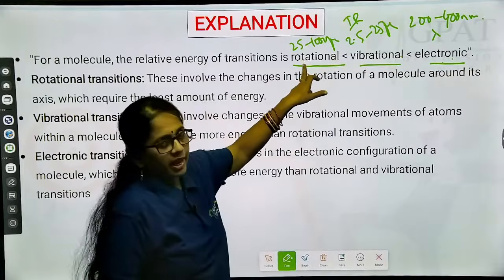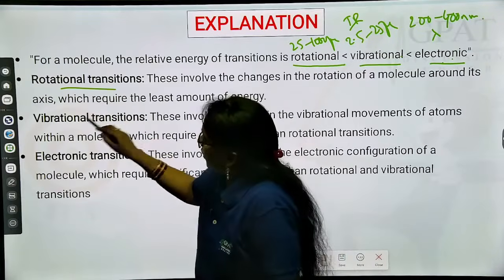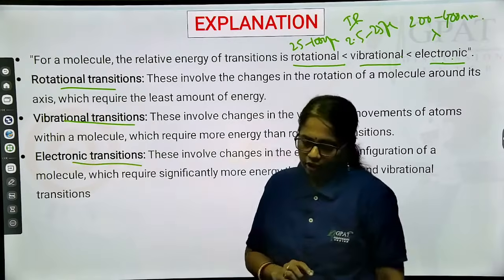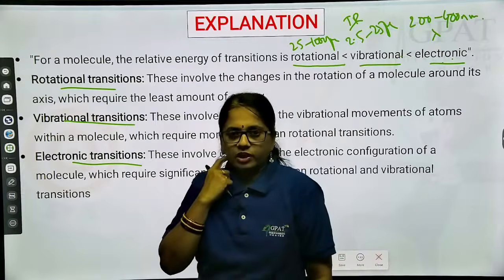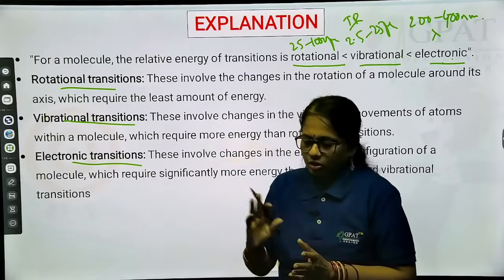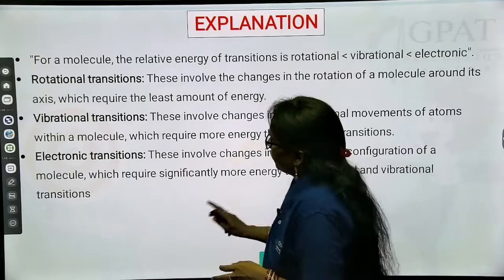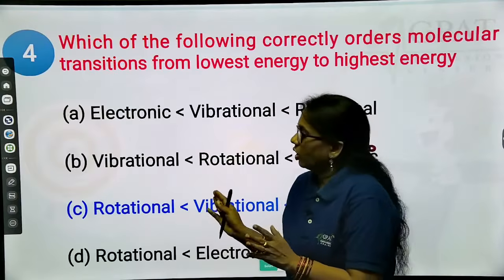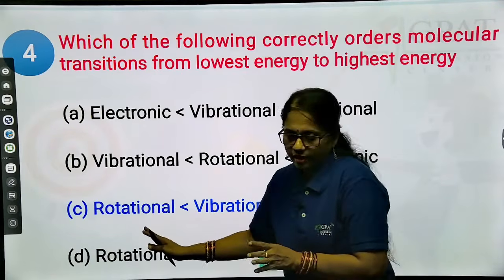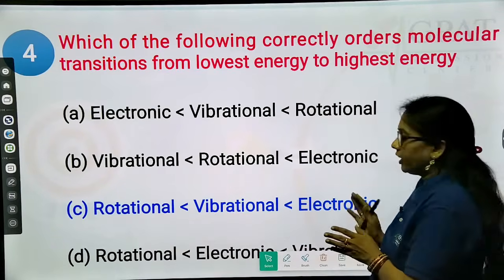Here wavelength is high means energy is less, right. So, rotational transitions, vibrational transitions and electronic transitions: wavelength increases, energy decreases. In that way you can remember very easily. So you can answer now. The rotational has the lowest energy, then vibrational, then electronic.